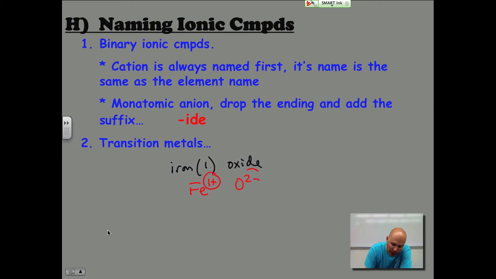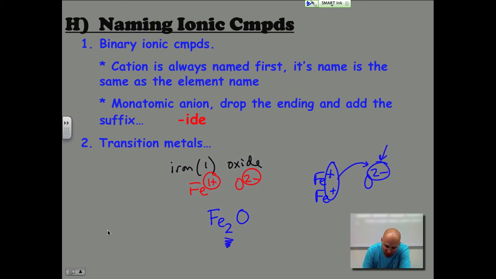Notice if I have a 1 plus with a 2 minus, I need 2 of those irons to balance off the 2 minus charge. So notice I need 2 of the Fe's to take care of that 1 oxygen.